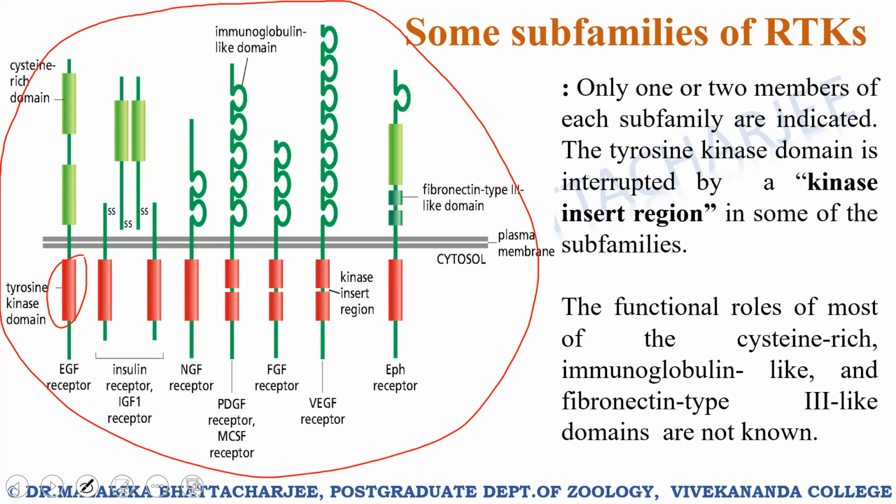This is the tyrosine kinase domain. In some cases, you can see the two red color blocks have been separated by a small green color segment, which is known as the kinase insert domain. So this is the classical schematic picture of all the members that belong to the subfamilies of receptor tyrosine kinases. They have this intrinsic tyrosine kinase domain, and in some, the tyrosine kinase domain is separated by a very small insert of kinase insert region.